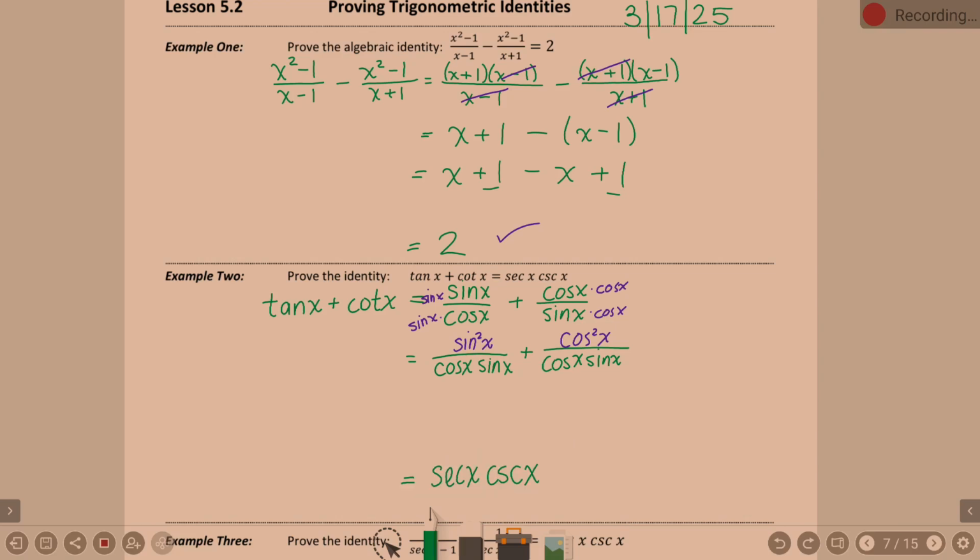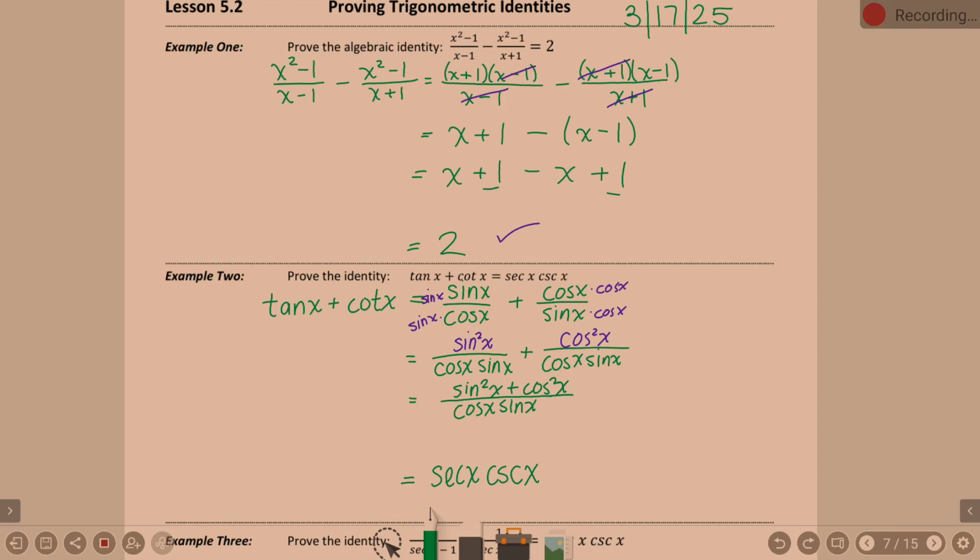Okay. Now, as I put this together, I have a common denominator, yes? We have two fractions with a common denominator. Common denominator goes together. So cosine x sine x, my numerator is just going to be rewritten as sine squared x plus cosine squared x.